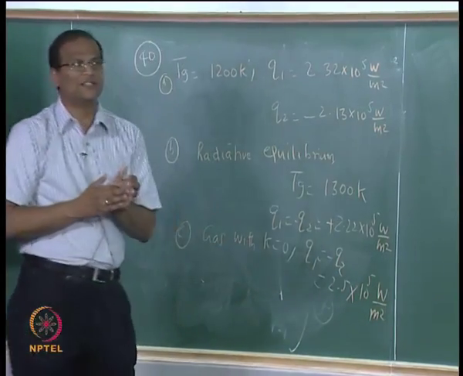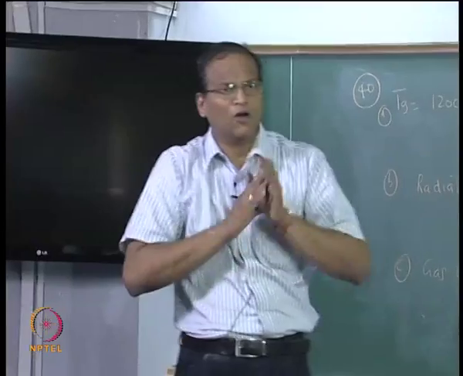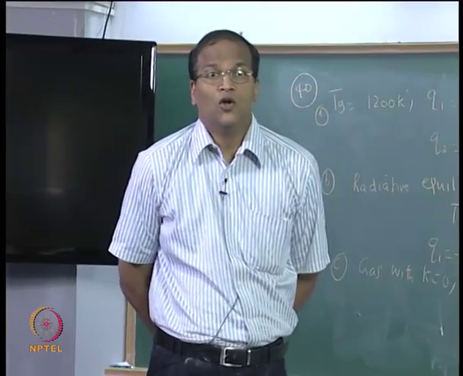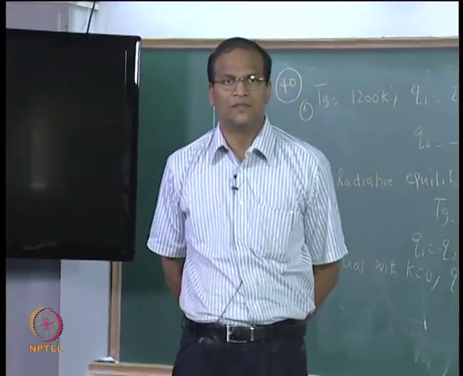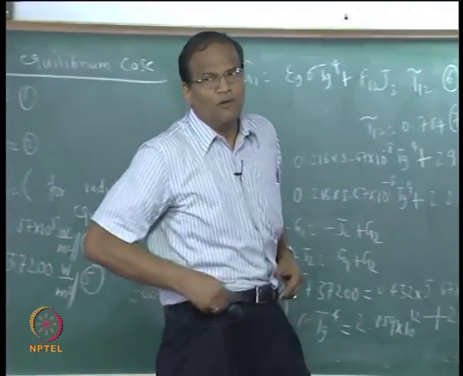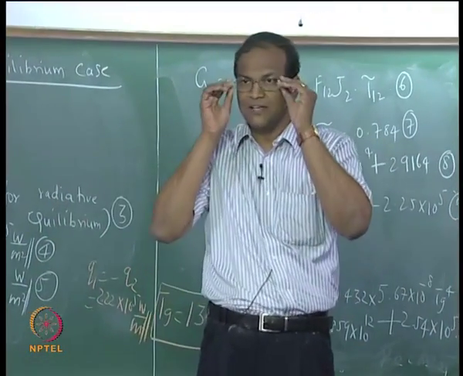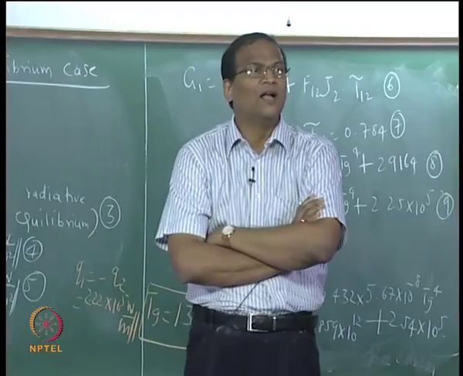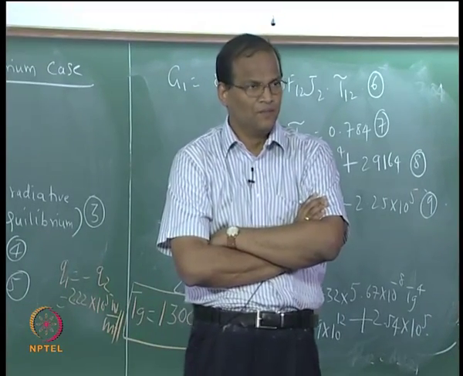I want you to appreciate the three cases. First, where all the temperatures are specified, you have no control over the energy balance. Second, the energy balance in the equilibrium case where Q1 will be equal to minus Q2. And the third case will be kappa equal to 0, and Arjun is correct, 2.5.